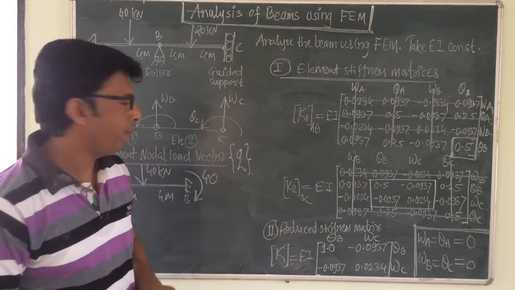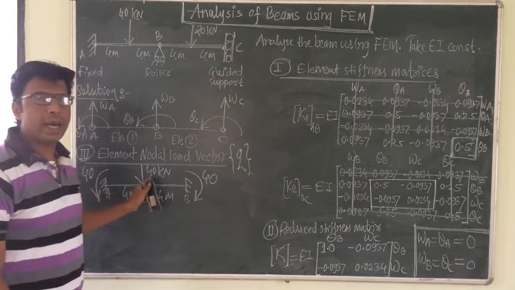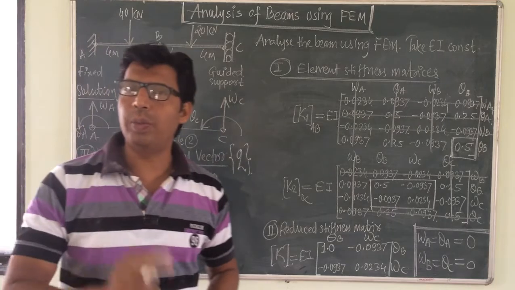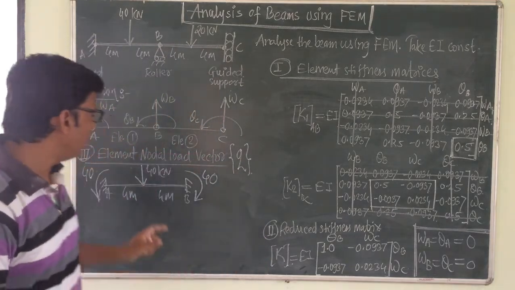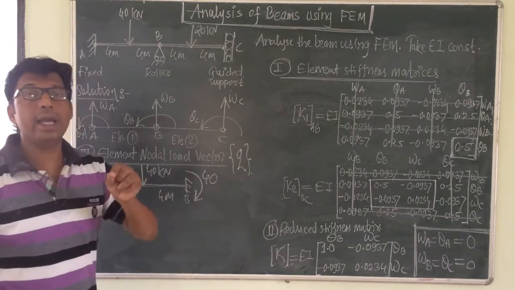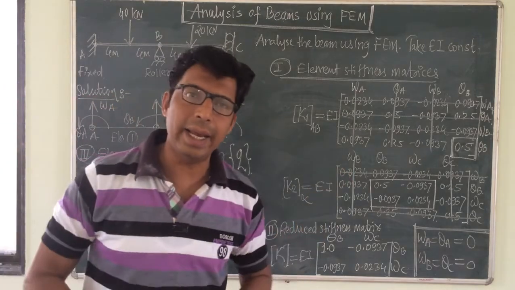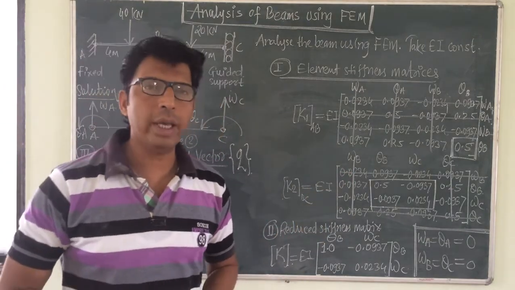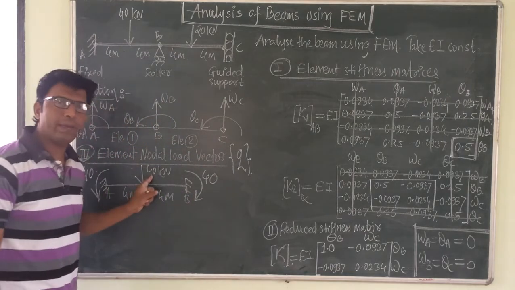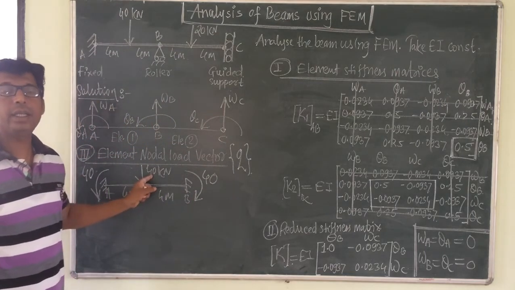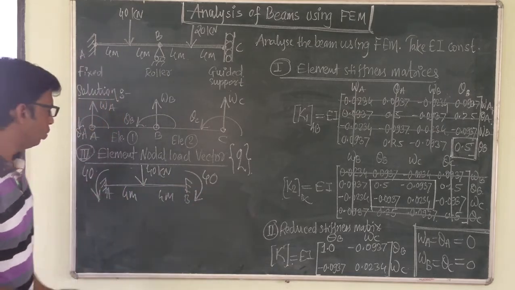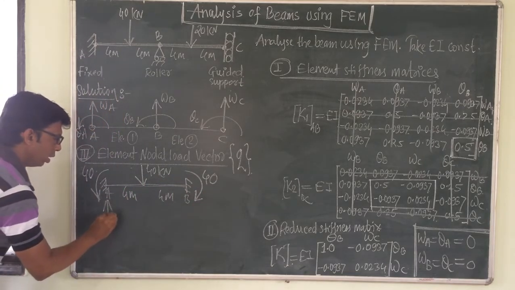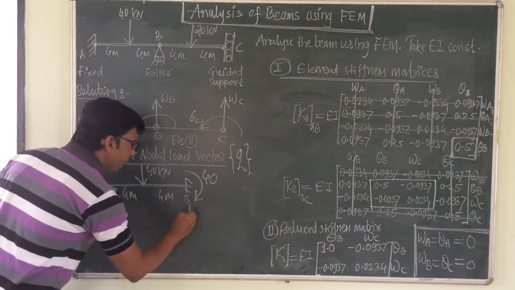Now reactions. Reactions are always calculated in two parts: reaction because of external load, that is 40 kilonewton, and reaction because of moments acting at ends, that is fixed moments. So reaction because of external load 40. Since it is a central point load, the reactions will be W by 2, W by 2, so it is 20 and 20.